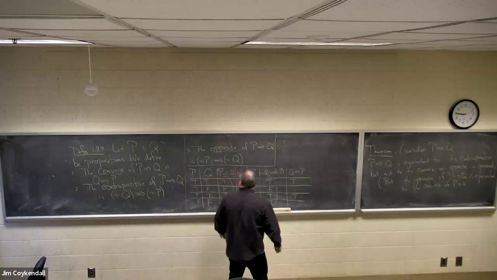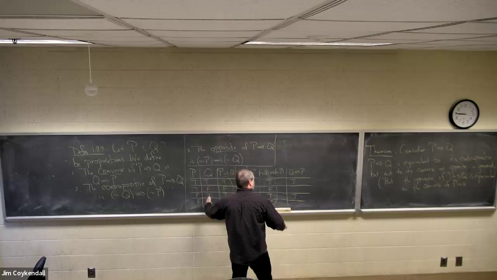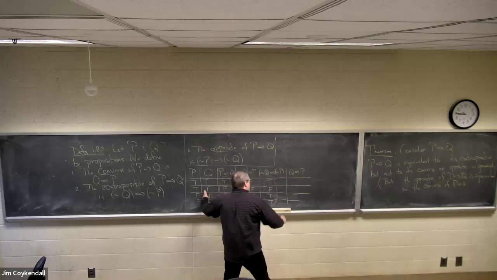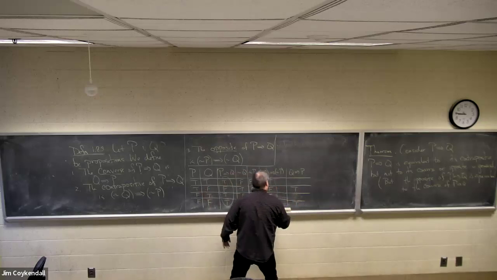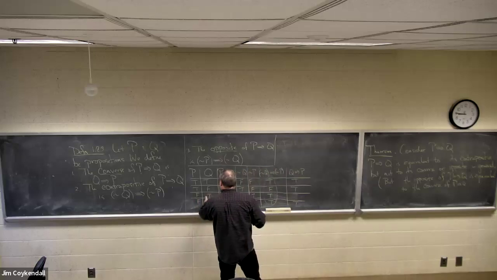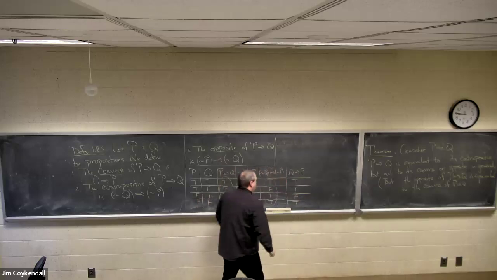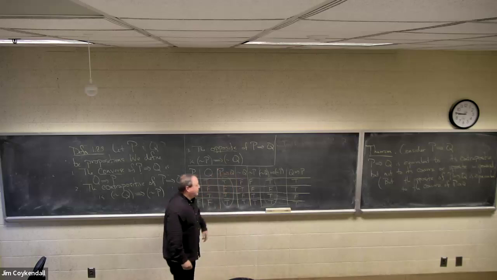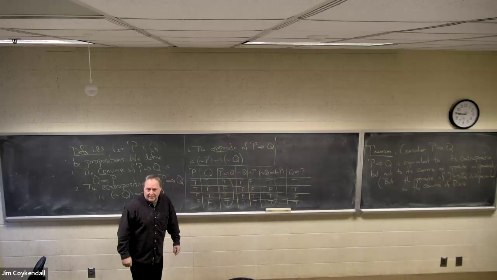It's true here. Oh, my bad. And let's see what we've got. Q must be true, false. Notice that Q implies P has a different truth table than P implies Q. Everybody okay?